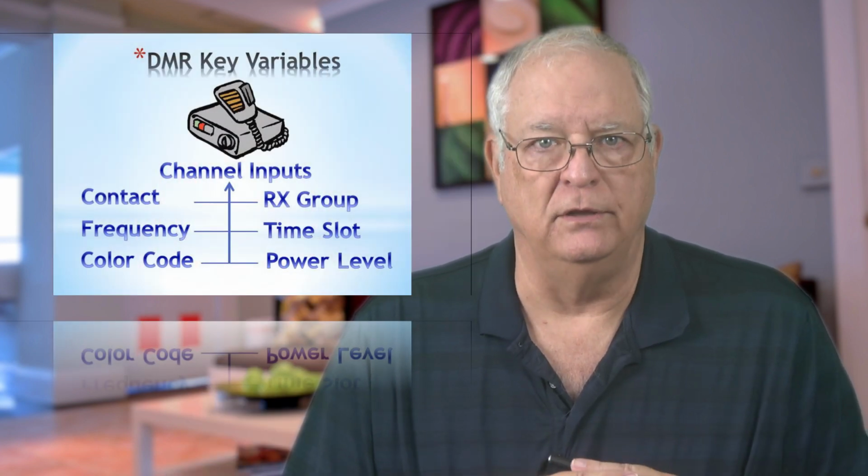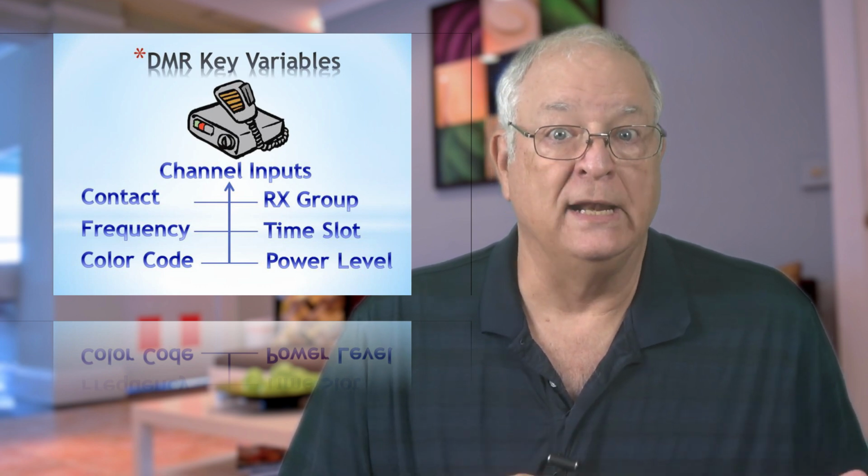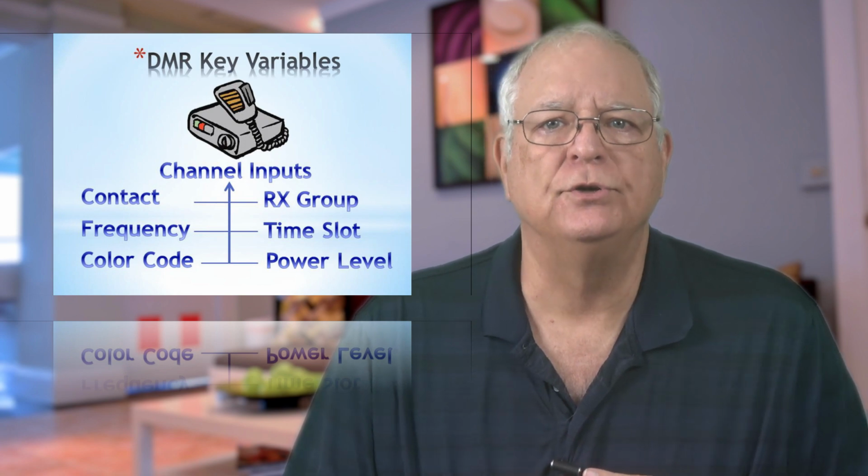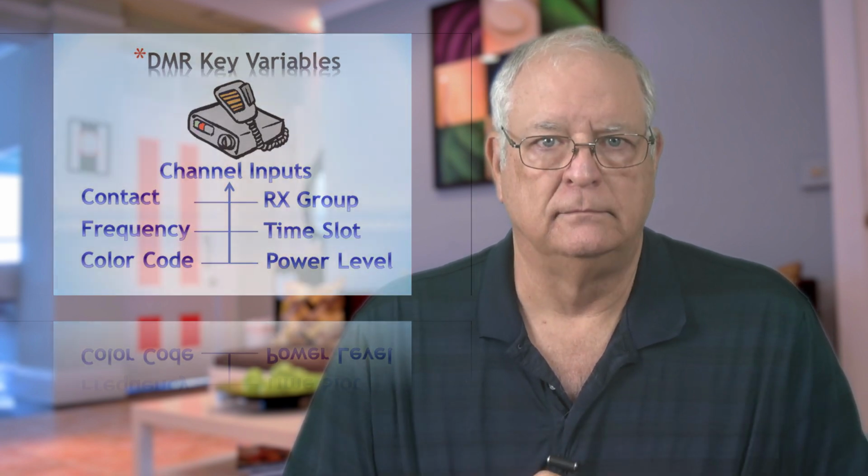Okay, so there was another new term, digital channels. Digital channels tie together the information we've entered separately. For your radio to broadcast, it needs to know what frequency to use, whether to use analog or digital circuitry, and what talk group or person to call and listen for. The channel display of your programming software will allow you to set all these variables.